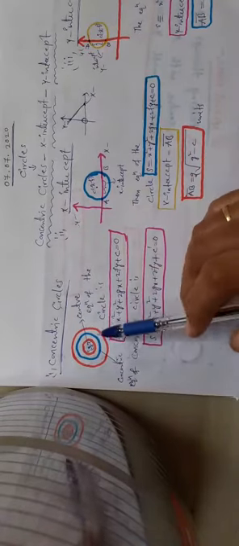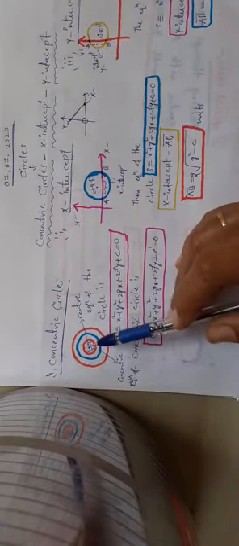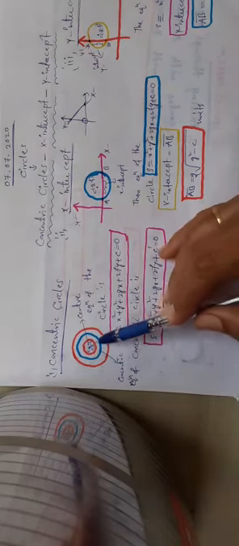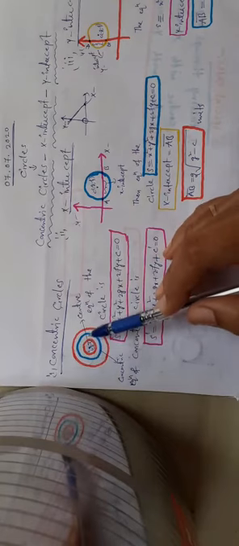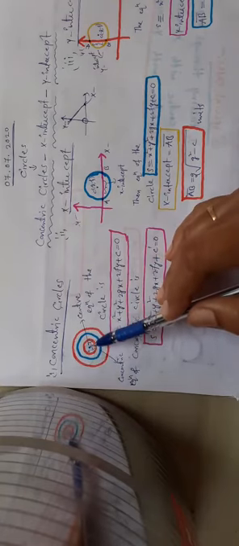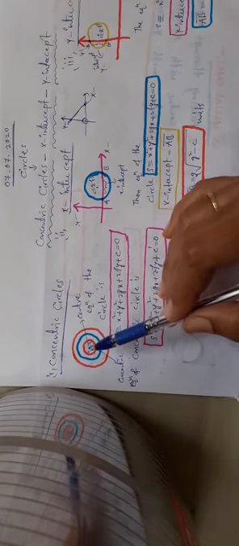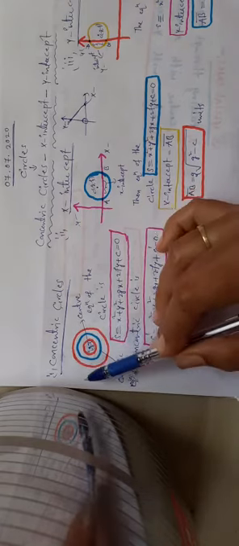See here, look at the picture. Here some circles are together. This is the first circle, this is the second circle, this is the third circle. So the center is minus g comma minus f. With one center there are so many circles.